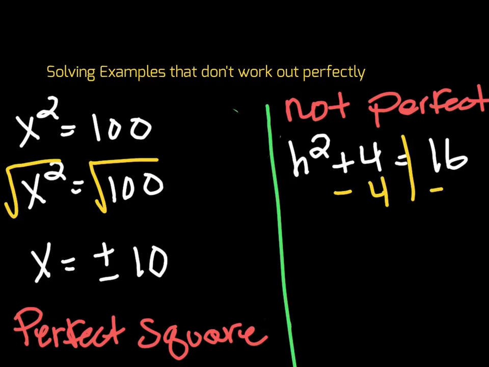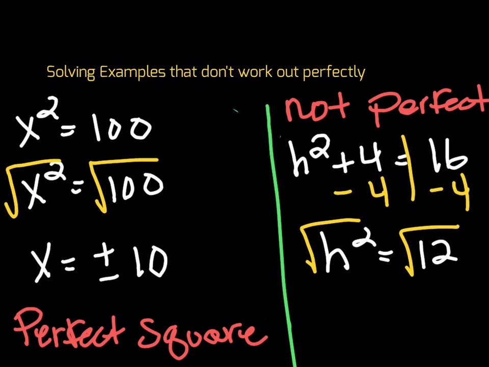I'll subtract 4 from both sides of this equation, and I will end up with x squared equals 12. At this point, just like I showed you on the previous example, when I'm trying to solve for x and I have x squared, I can use a radical symbol to help me solve for x. And the square root of x squared is x.